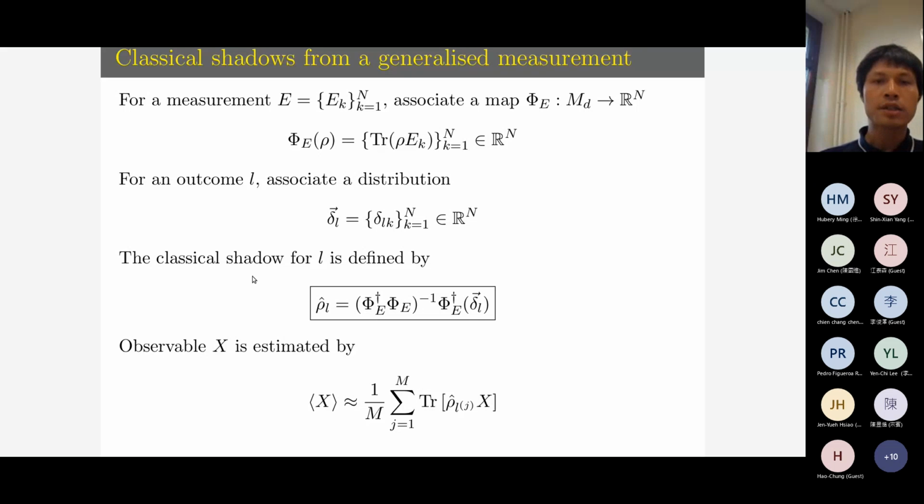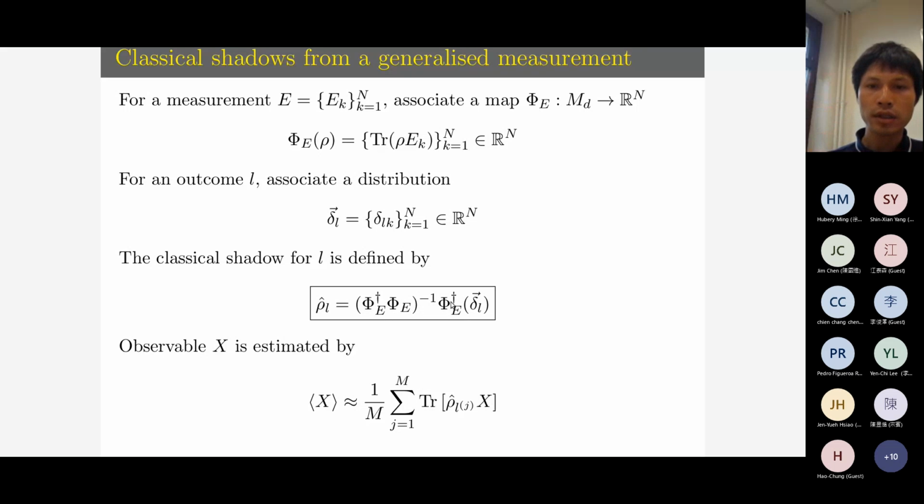To get the classical shadow, we use the following formula, which for now looks quite complicated: (Phi_E dagger Phi_E) to the minus 1, Phi_E dagger, applied to delta_l. It looks a bit complicated. However, you already have a feeling of what is going on if you think of the case where Phi_E is invertible.